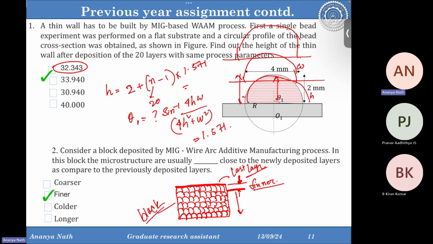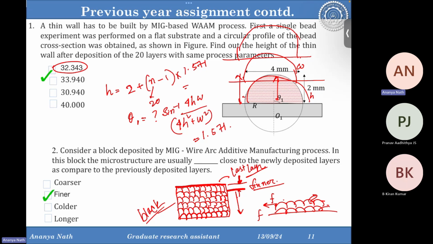Imagine when you are printing: you have printed the first layer and solidified it, so it has a finer microstructure. Now you are printing the second layer onto it. The second layer will be finer because it will solidify very fast. But at the time of melting of this current layer, your previously deposited layer will also get heated up and melted.